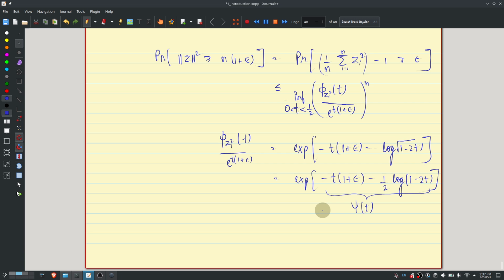Do we want to maximize this or minimize this? So this whole quantity over here, you want to maximize the negative of this exponent, or minimize the exponent itself. So what do you get when you minimize this?